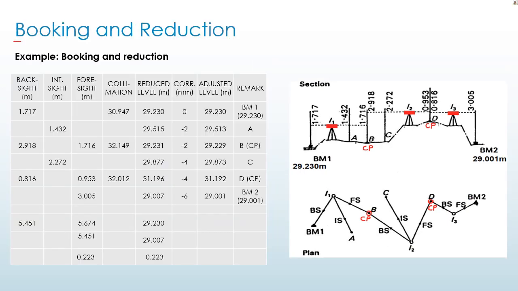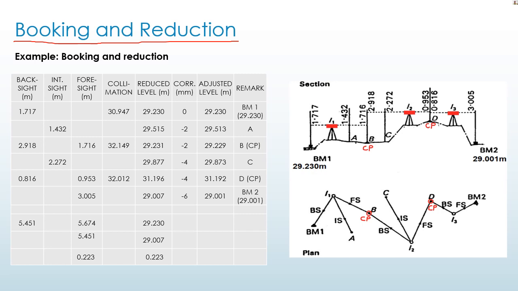The booking and reduction process is how you can write the readings and calculate the reduced levels of the points that you are measuring. So the procedure is that you will start from the first point to the last point. You will use one row in your leveling sheet to calculate and write the reading of that point.